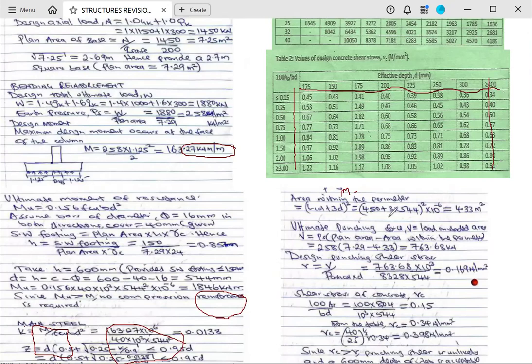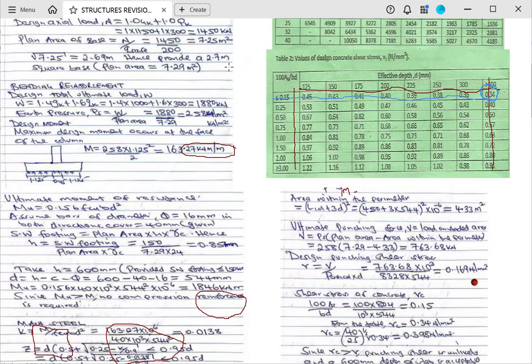And then we've computed our 100 AS over BD is 0.15, meaning it is this one here, and now at the point of intersection here, this will be the concrete shear stress from the table. That's how I got the 0.34.